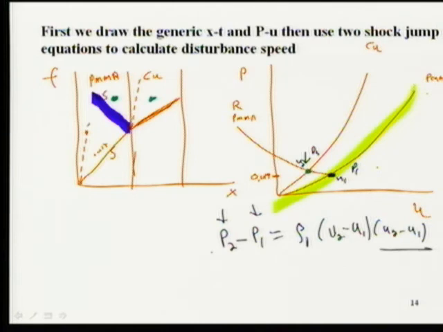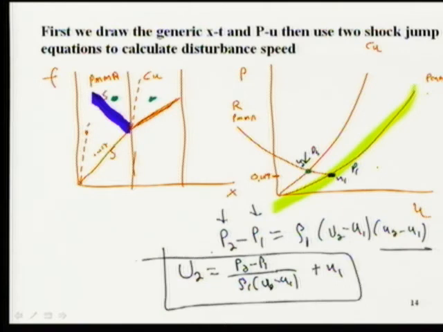So what you then have is, you just solve this, U2 is equal to P2 minus P1 over rho 1 times (little u2 minus little u1), plus little u1. So this is your Eulerian velocity that is going back.